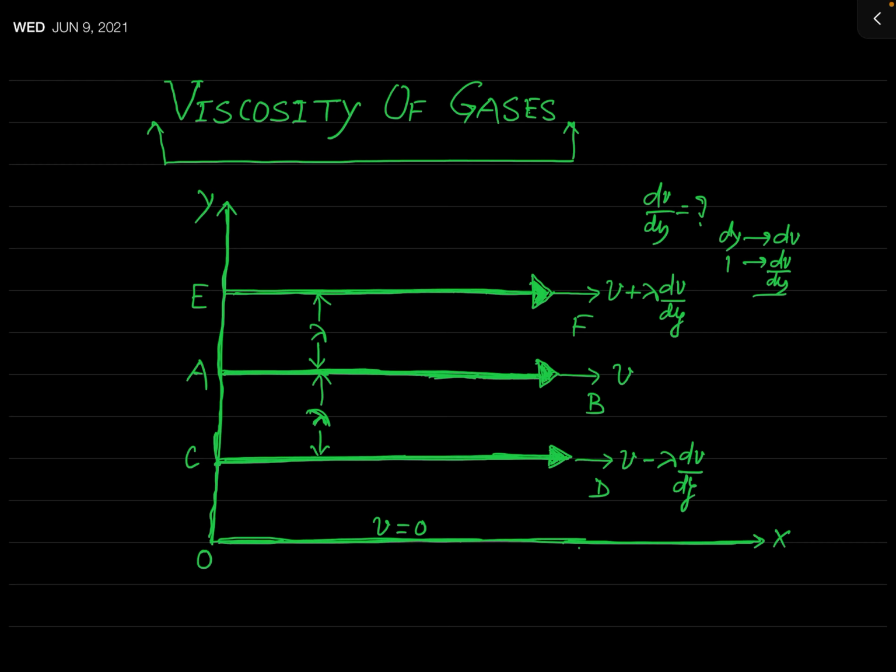So if you assume that the distance between two successive layers is lambda, then when a gas molecule moves vertically upward, let us consider from CD to AB, or vertically downward, that is from EF to AB, then, as the separation between the two layers is lambda, and lambda is the distance in which no collision takes place, the gas molecule will not suffer any collision when moving from one layer to another.